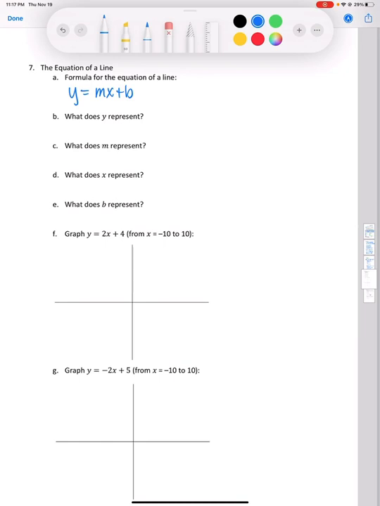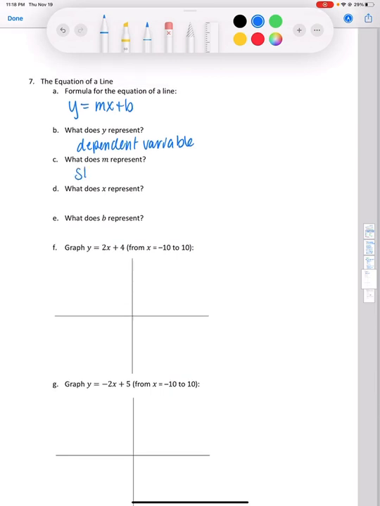Okay. Now, what does the y represent? Just like our linear function equation that we've looked at so far with all of the words, y represents the dependent variable. And we usually graph that on the vertical axis. Okay, so for the climbing example, it was the elevation. For the pineapple example, it was the number of pineapples sold. But here we're going to be more generic with just variables. What does m represent?